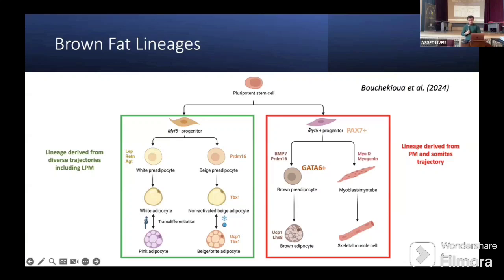On the right, we have the paraxial mesoderm lineage, which is characterized by MYF5 positive precursor and also PAX7 positive precursor. And this PAX7 positive precursor will give rise to 2 cell types. One is the brown adipocytes, which is characterized by GATA6 positive pre-adipocytes and UCP1 mature brown adipocytes. On the right, we have the classical skeletal muscle cells.